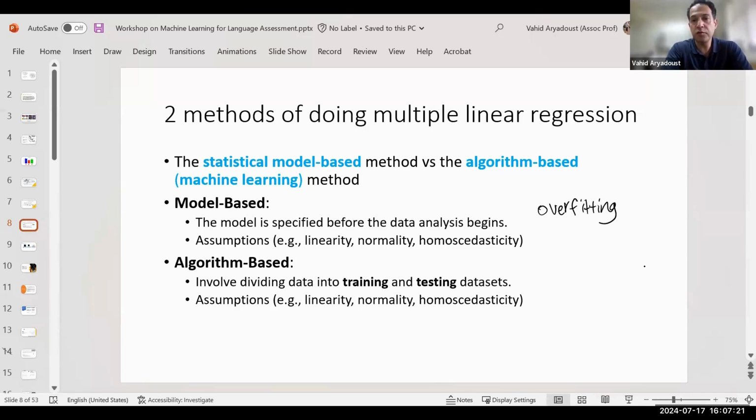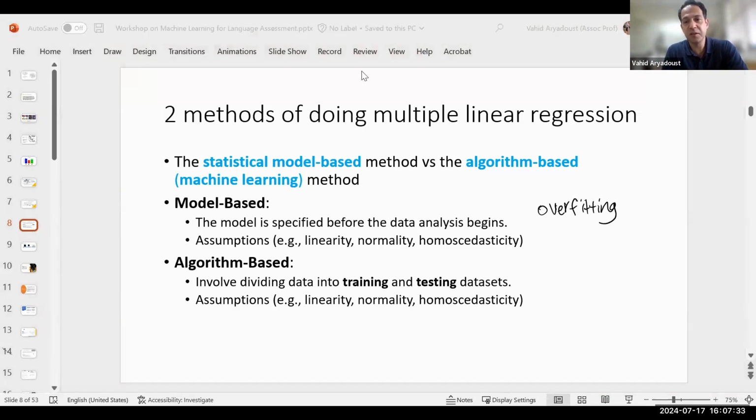And what does overfitting mean? Since this is a workshop and I don't want to be the only person who talks, does anyone like to define overfitting? Feel free to either type it or open your microphone and share your thoughts on overfitting. Nobody likes to give it a try?